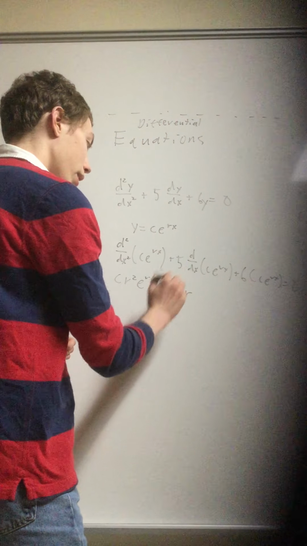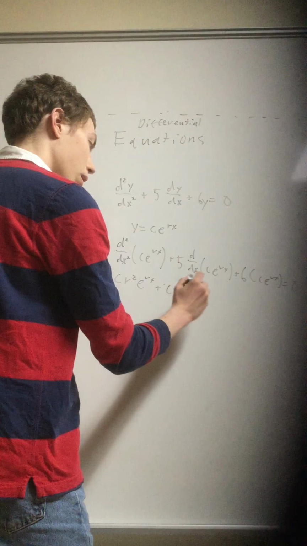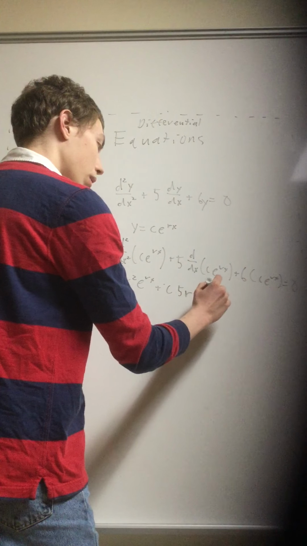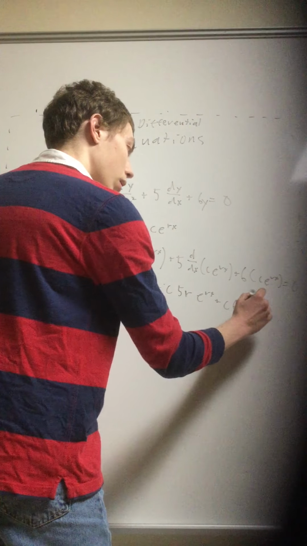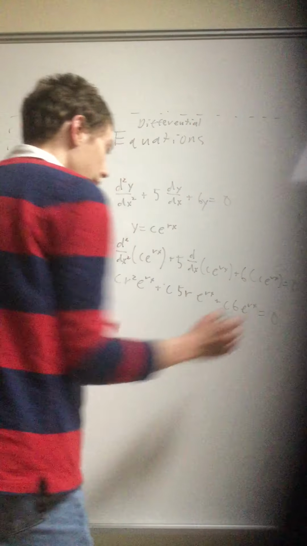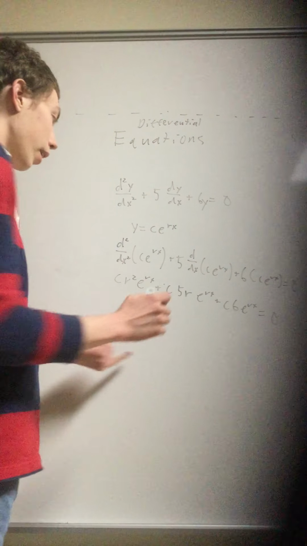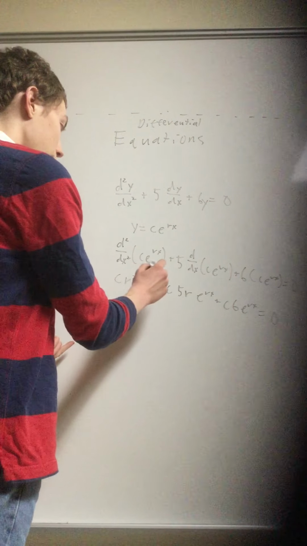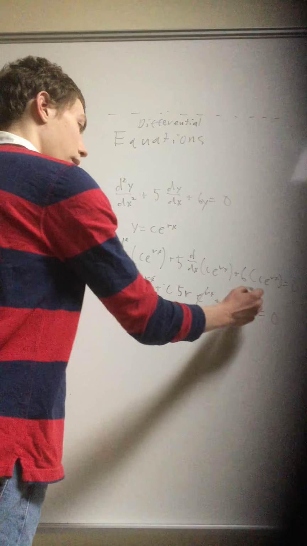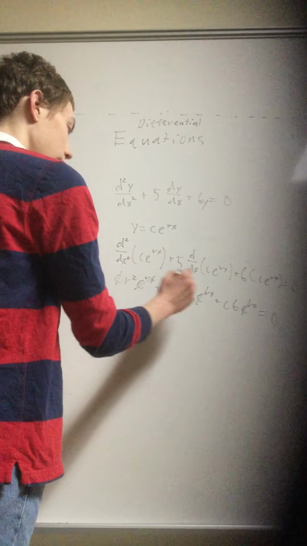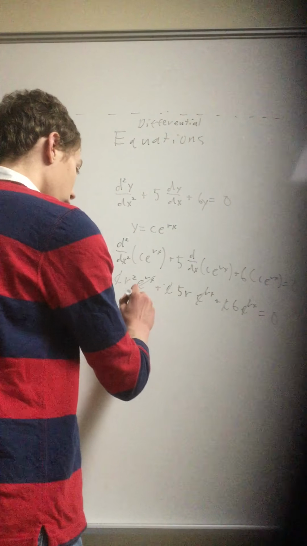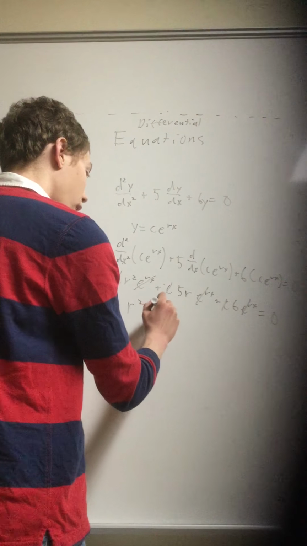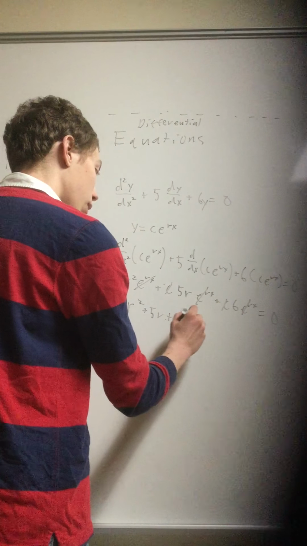Let's write it this way. Now, all these have a common factor of e to the rx, so we can cancel those. And all these have a common factor of c, so we can cancel those. And now we're just left with an algebraic equation, r squared plus 5r plus 6 equals 0.